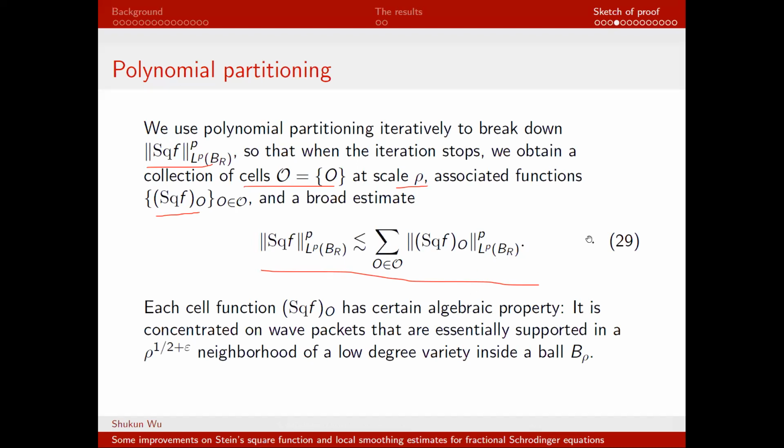This is just part of it, but this is something we will use. So basically, the cell function is concentrated on wave packets that are essentially supported in the same neighborhood, whose thickness is rho to the half, of a low degree variety inside the ball B_rho. As mentioned, this is not the only property, but this is the main information we will use in our proof.